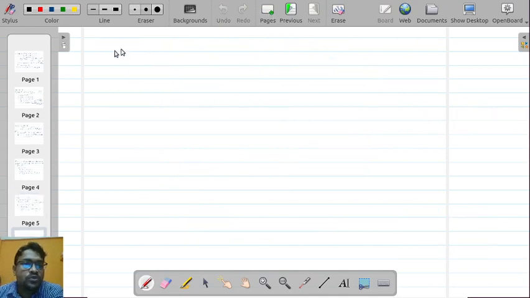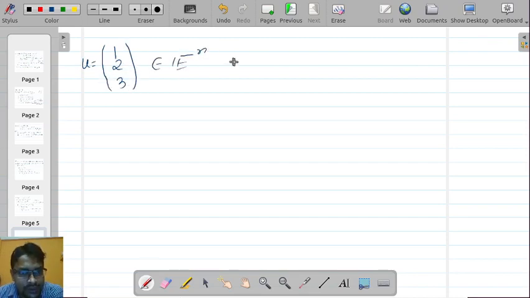Sometimes in many of our problems we will denote vectors as column matrices. So say 1, 2, 3, this is a column matrix. This is also an element in E to the power n, just the way of writing is different. V, say I write as -1, -2, 4.